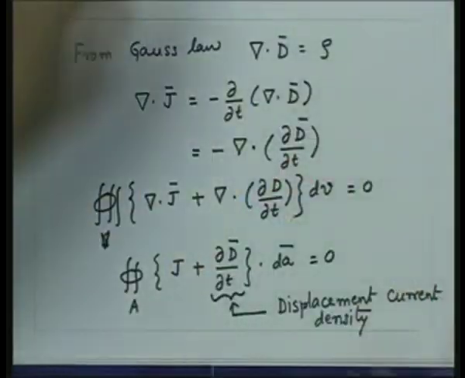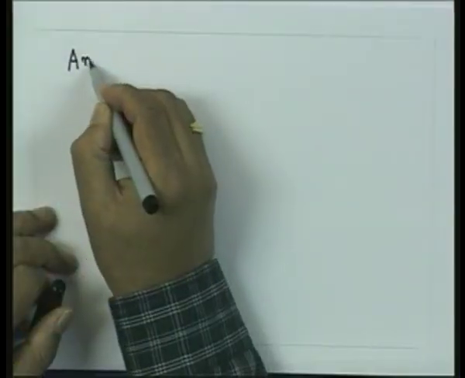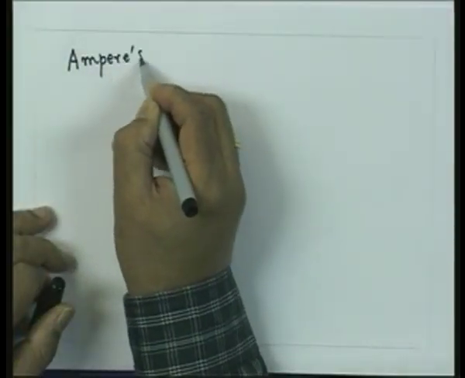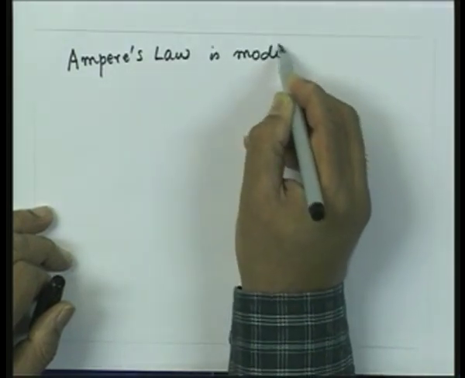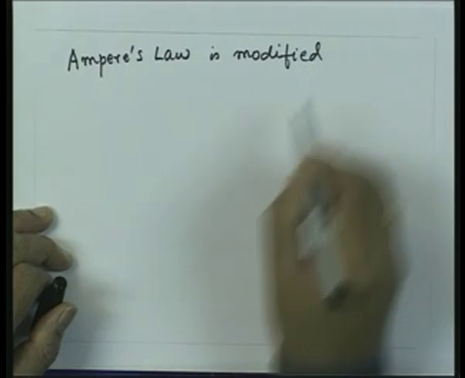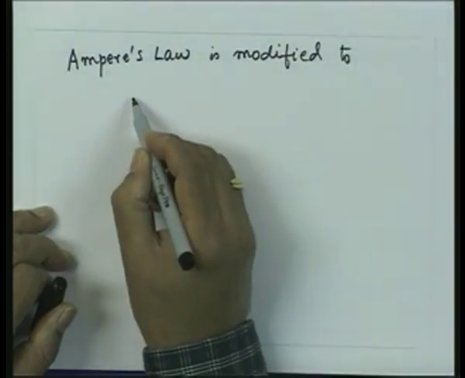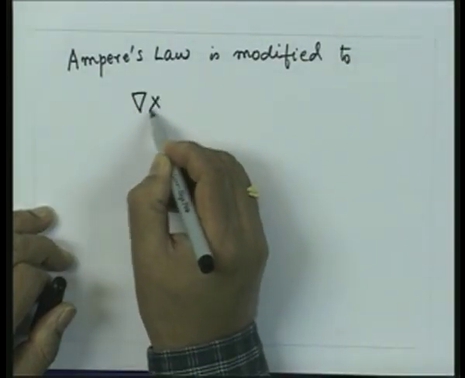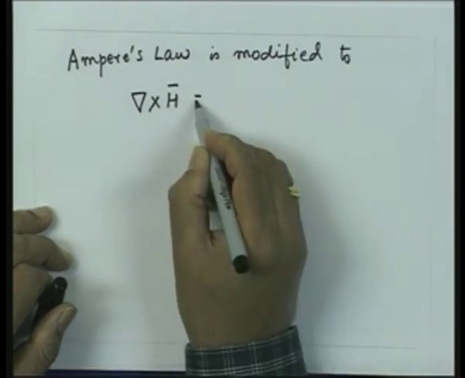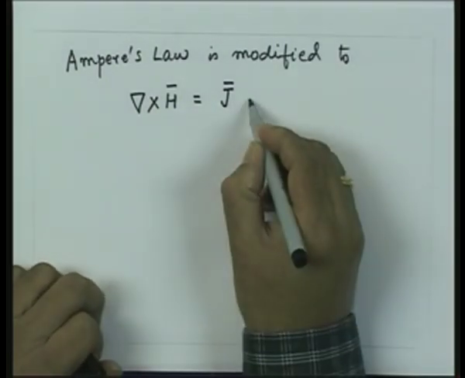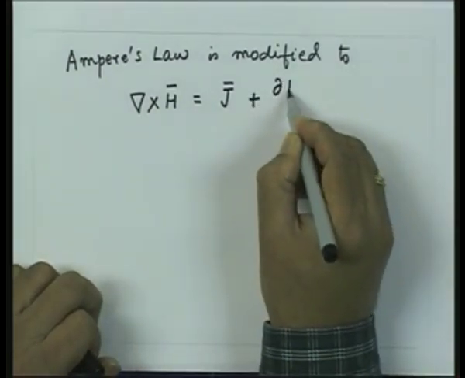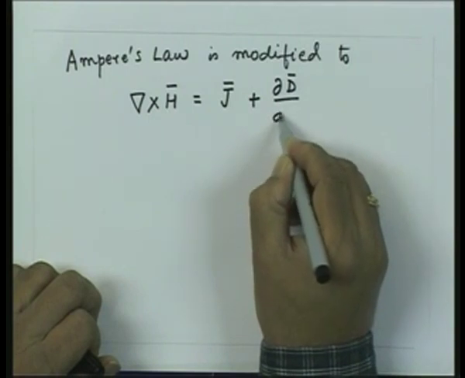So Ampere's law is now modified to del cross H equals the conduction current density as we had earlier, plus an additional term, which is dD by dt.